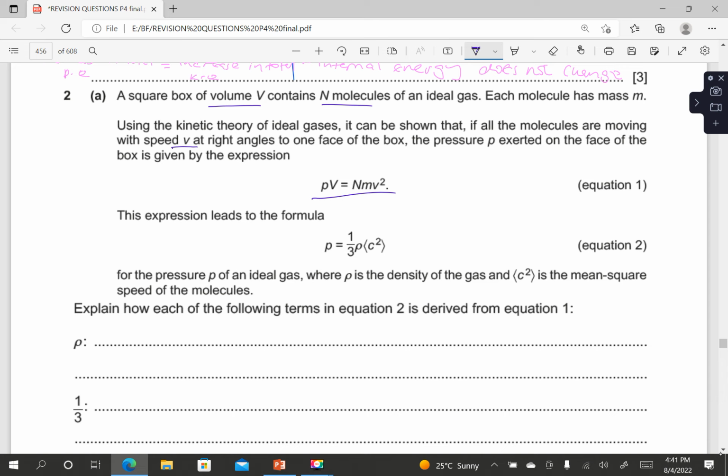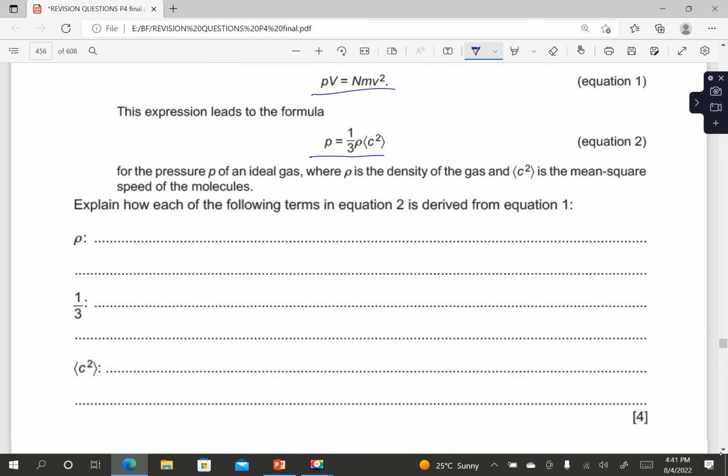The expression leads to the formula pressure is equal to a third rho times mean square speed, for the pressure P of an ideal gas, where rho is the density of the gas and c squared is the mean square speed of the molecules. Explain how each of the following terms in equation 2 is derived from equation 1. So how do we arrive at density?